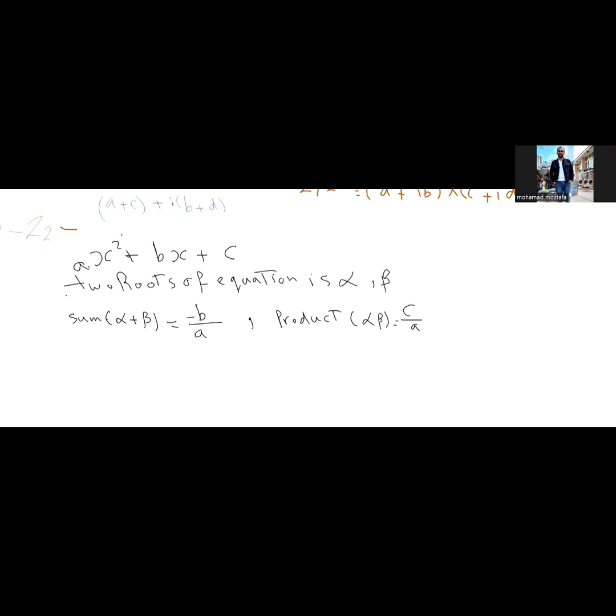If I want 1 over alpha plus 1 over beta, it equals negative b over c. We have alpha power 2 plus beta power 2 equals alpha plus beta all power 2 minus 2 the product, or 2 alpha beta.